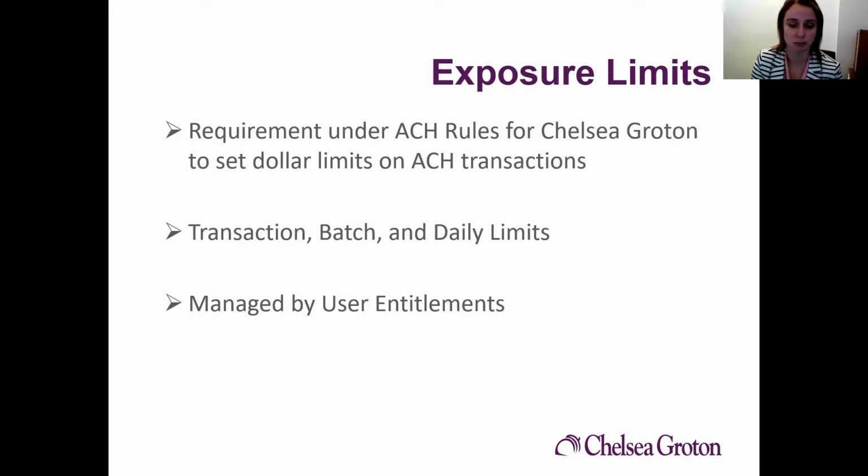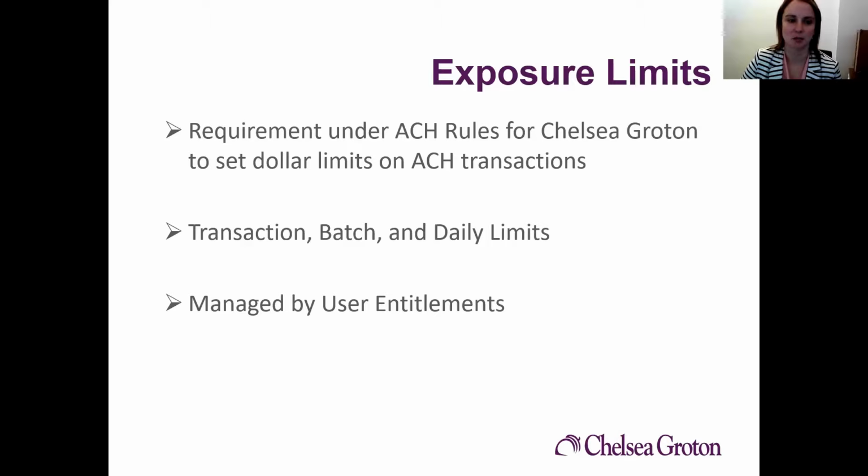That is just a system thing that we have to have set that way. If it's referring to what the receiver receives, you can dictate that when you set up the file under the company entry description. So if you want your employee or vendor to see a specific description, you dictate that in the company entry description. Does that answer? Let me know if you get a follow-up.